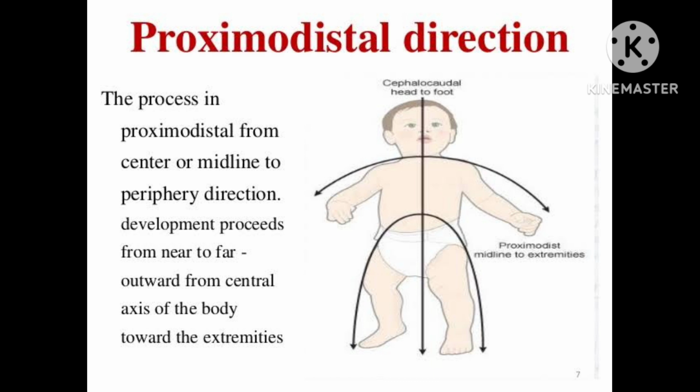But later on, as growth and development takes place, they start holding with the fingers. You might remember how you held pencils during your childhood. In the beginning you used to hold with the entire hand, and later on you wrote with your fingers, right? So this is an example of the proximal distal direction. That is, growth and development always proceeds from the center to the periphery.